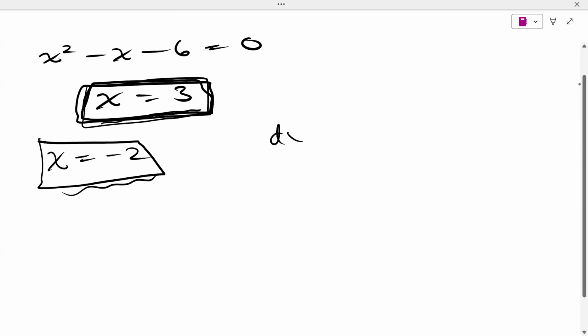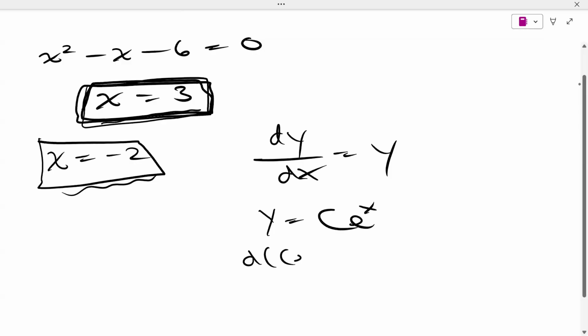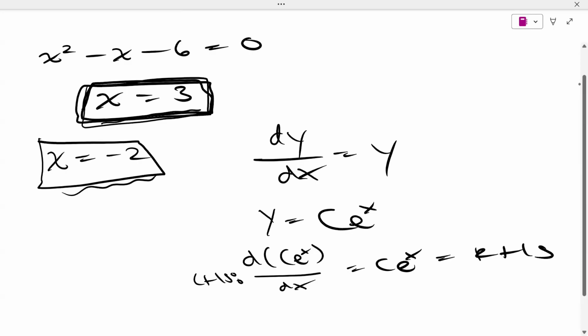And you may notice with dy/dx equals y, a general solution is y equals any constant times e to the x. You can prove this yourself. The left-hand side is c e to the x, which is the same as the right-hand side. So that's about it for this video.